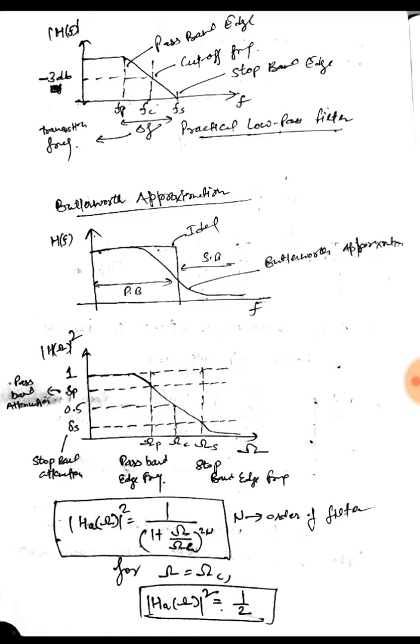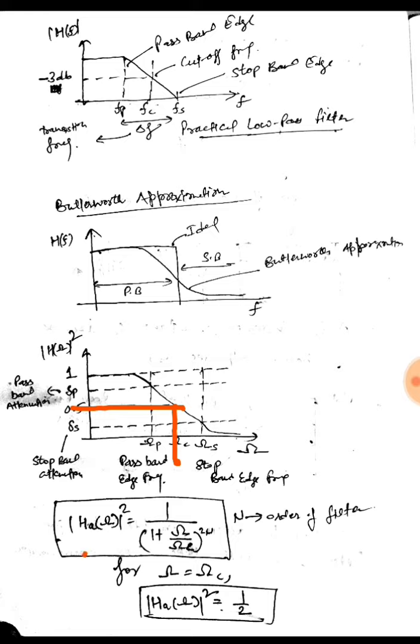And this is our pass band edge frequency, and this is our stop band edge frequency. If it starts decreasing here and becomes 0 at higher frequencies, then I need to calculate in this Butterworth approximation for what magnitude I would get the cutoff frequency.